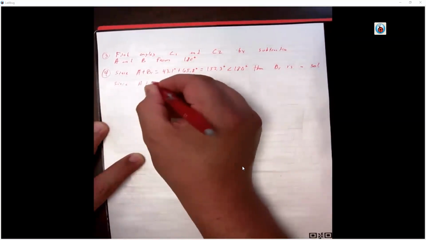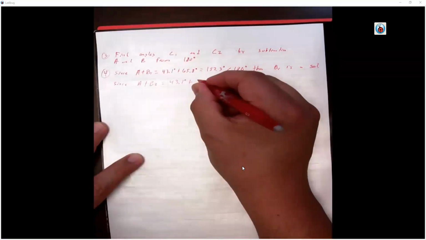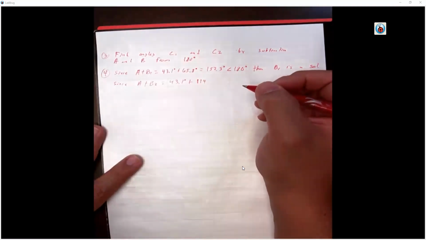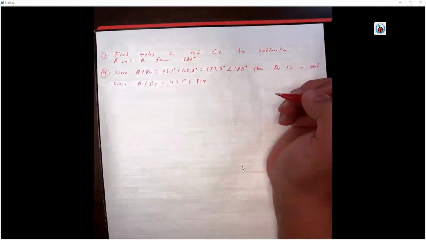Since A plus B2 is equal to 43.1 plus the other angle, which was 114.2, that's 157.3.